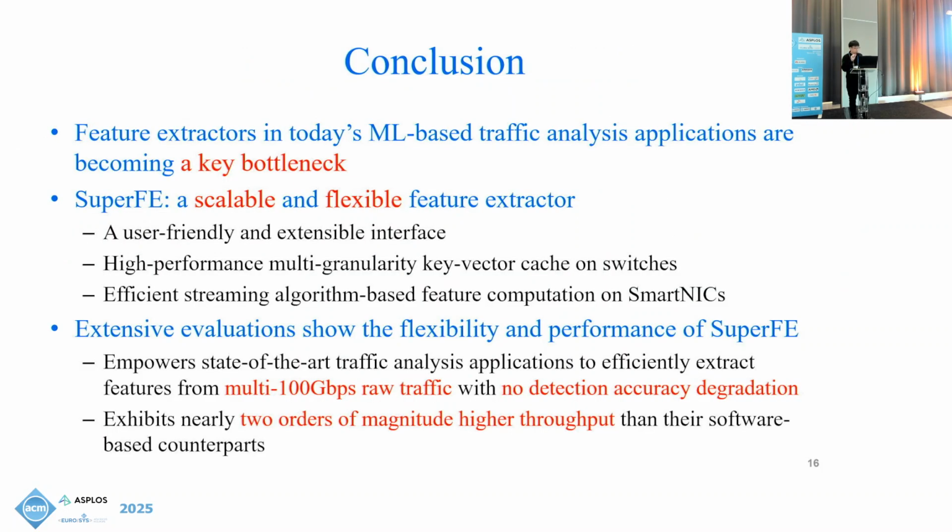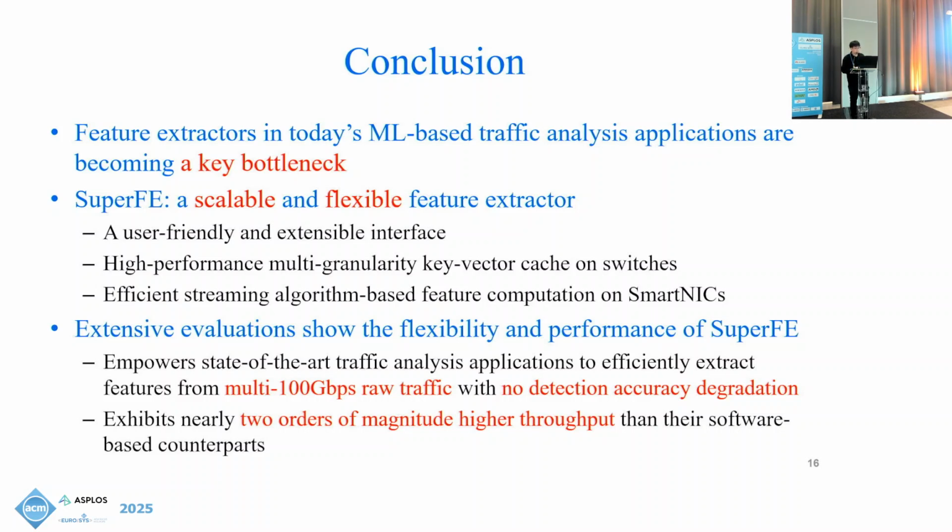Okay, to conclude, feature extractors in today's ML-based traffic analysis applications are becoming a key bottleneck. We introduced SuperFE, a scalable and flexible feature extractor with a user-friendly and extensible interface, a high-performance multi-granularity grouped packet vector cache system on switches, and efficient streaming algorithm-based feature computation on SmartNICs.